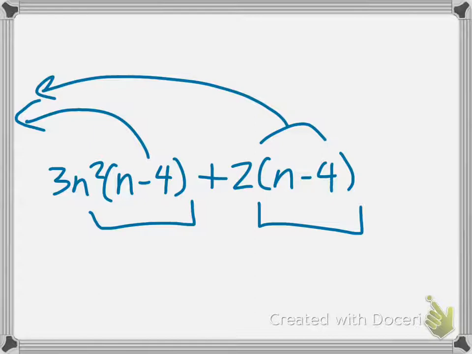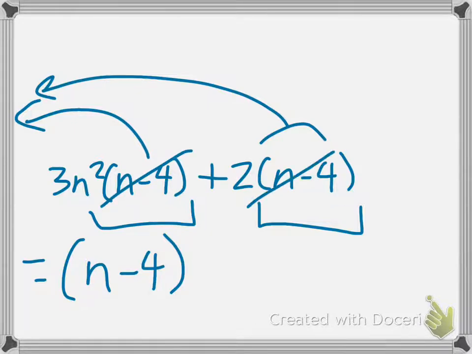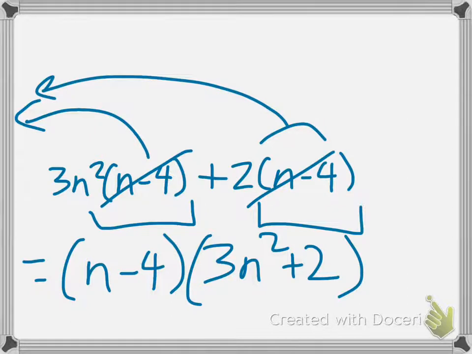I don't know if I heard that right. What are you factoring out now? Okay, so if I'm factoring n minus 4, I know my next one is just going to have n minus 4. If I took it out, guess what happens to this right here? Both of them are gone. So what's left over? Done.